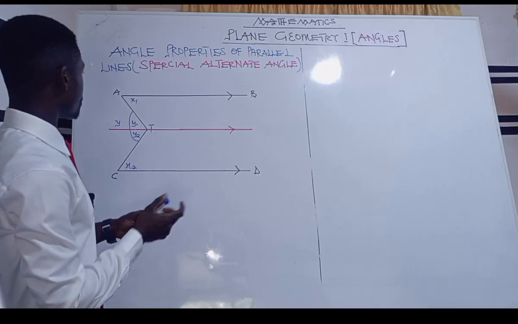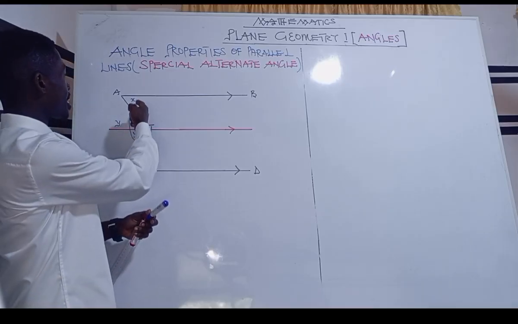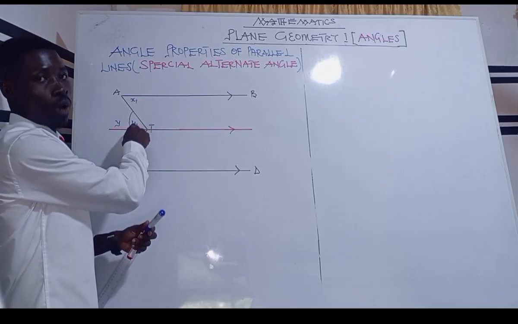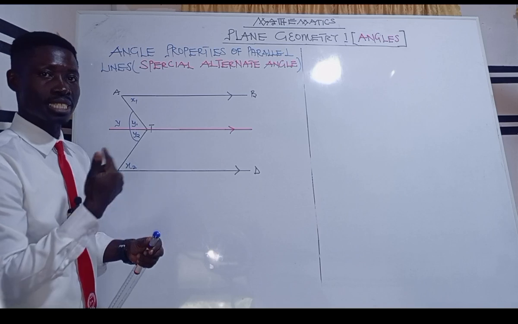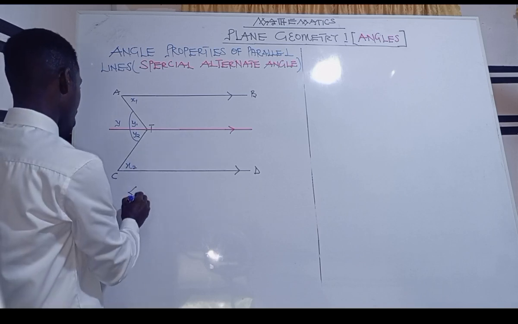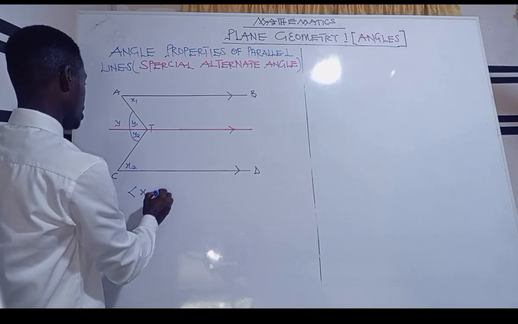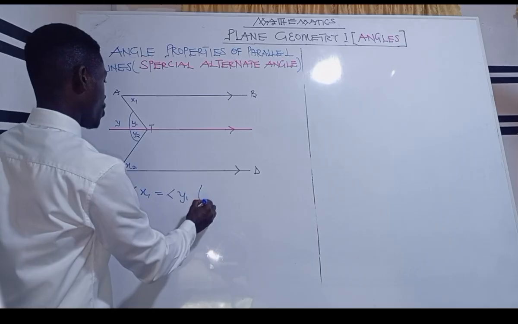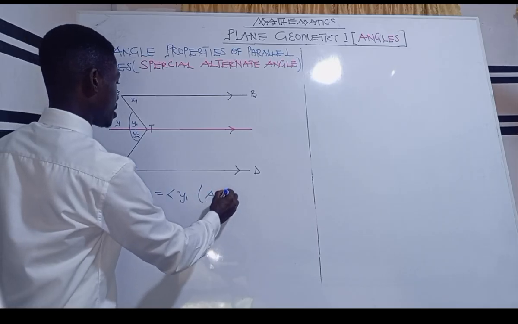Now we can say that angle x1 is alternate to angle y1, and we know that alternate angles are equal. Good. So we can say that angle x1 is equal to angle y1. We are using alternate angles.